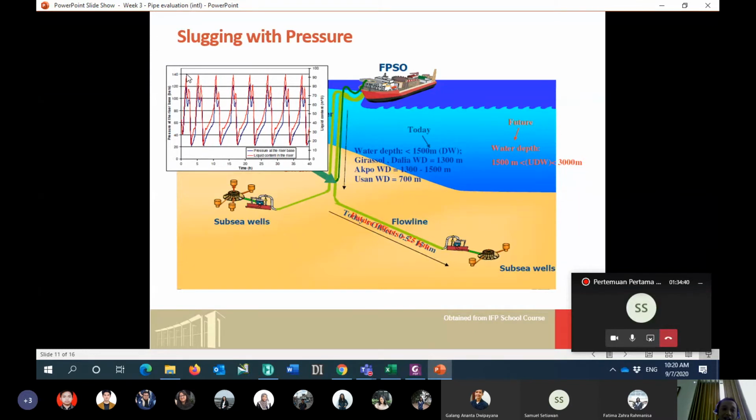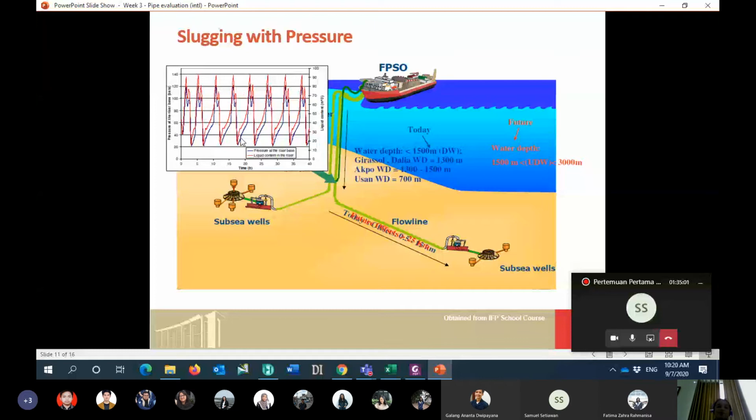When it is enough to push the liquid, the liquid goes to the separator, and then there is no pressure again. Then it accumulates again, the pressure gets high enough to push the liquid, increases again to 140, and drops again. So there will be a fluctuation in the pressure.